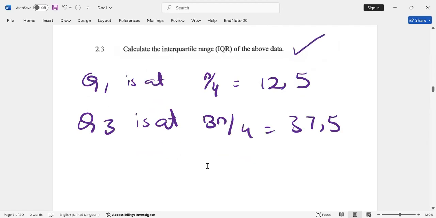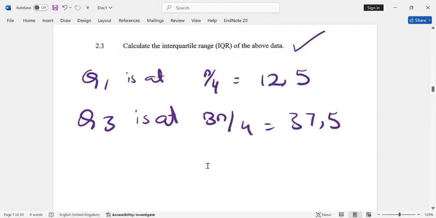Okay, so we need to find out IQR. So we have to find out the lower quartile, we have to find out the upper quartile, and then we have to subtract the lower from the upper. Okay, so first of all, we have to find out the lower quartile, that is, we call this Q1.